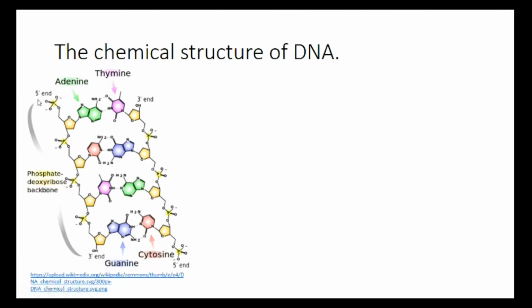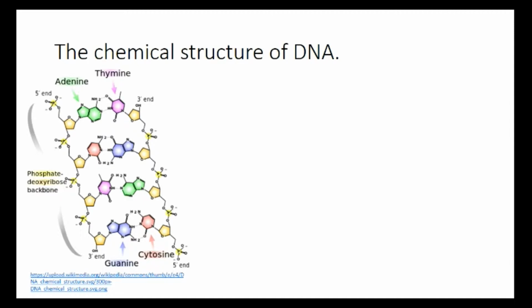The 5 end and 3 end mean 5 prime and 3 prime. 5 prime means that it is bonded, like here, with a phosphate group, and at the 3 end there is an OH group. Alright, so this is the basic that you have to know about the structure of DNA.